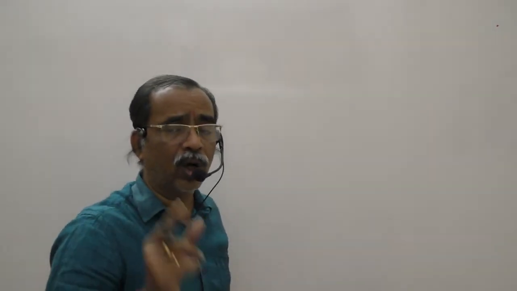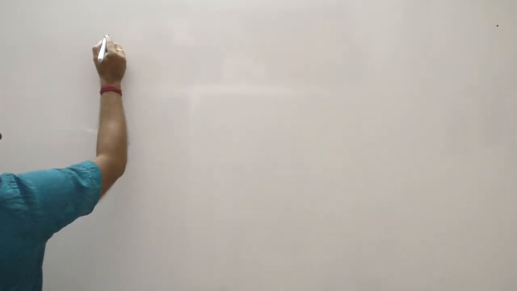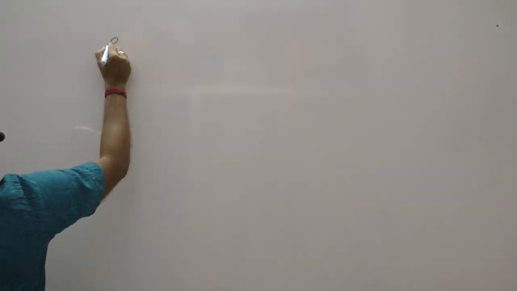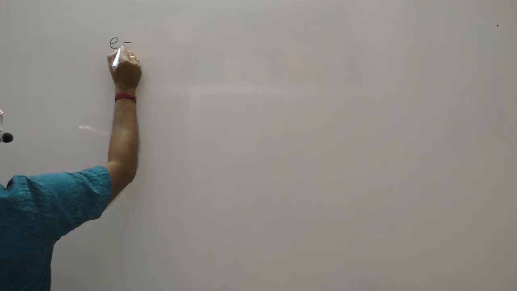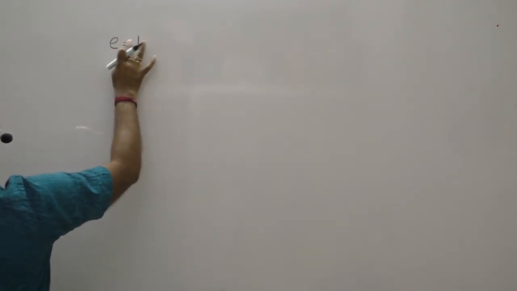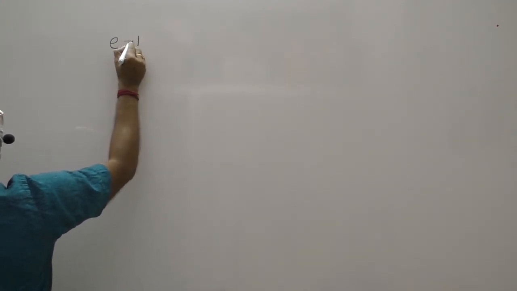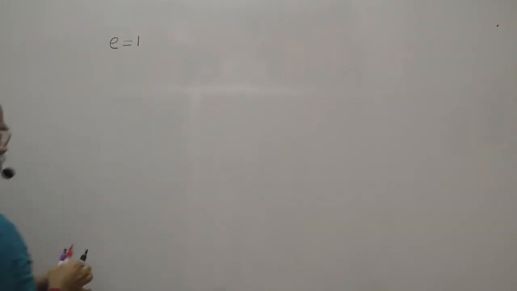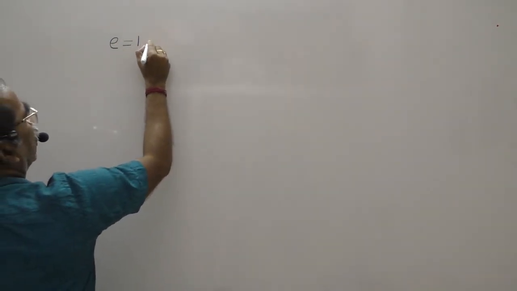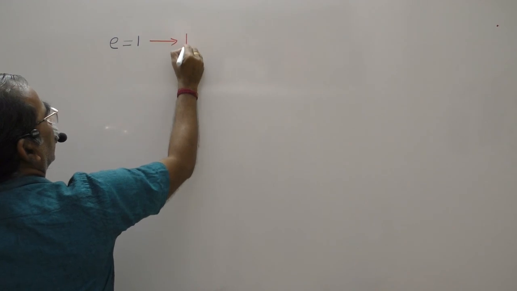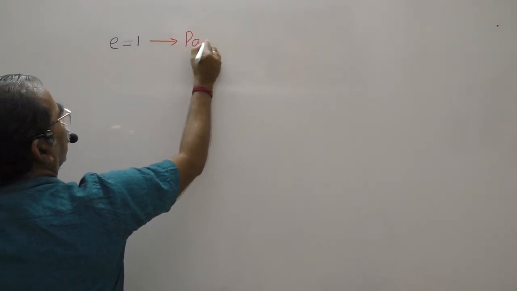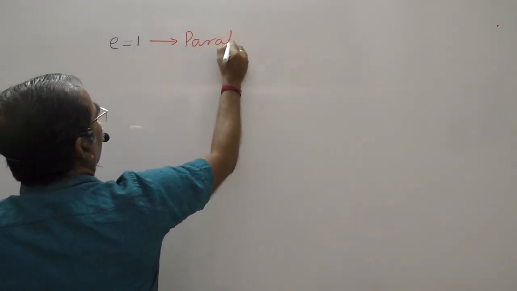Constant ratio, non-negative. Depending on this, conics are classified. If e is equal to 1, if the eccentricity is equal to 1, then the conic is called a parabola.